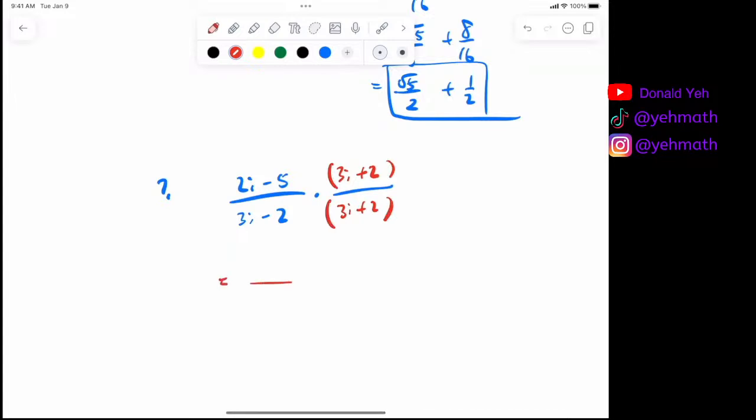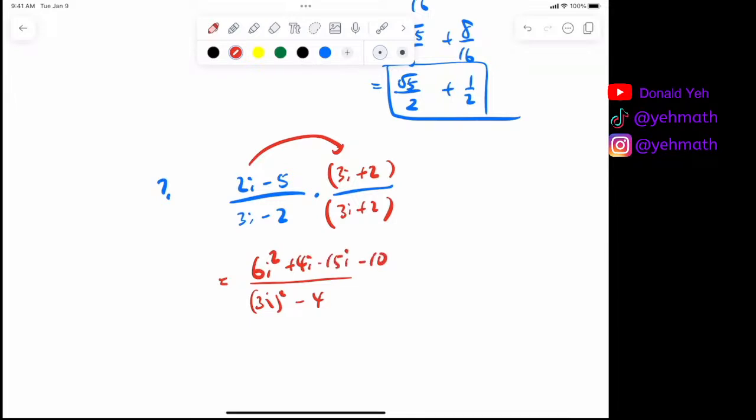So if you multiply out, on the bottom it's going to be a minus b, a plus b. So it's going to be 3i squared minus 4. On the top, it's going to be what? 6i squared plus 4i minus 15i minus 10.